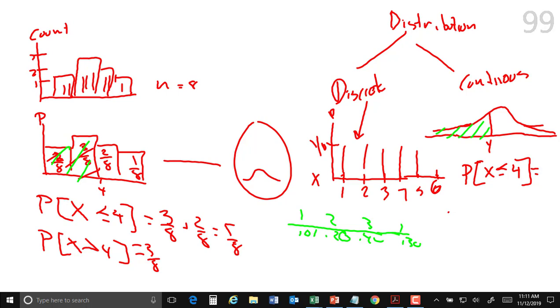Okay, this is what you're used to seeing. It's no particular distribution, but they gave you this, and the probability is the random variable.